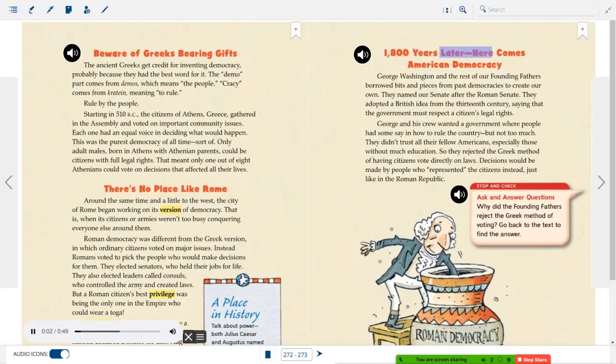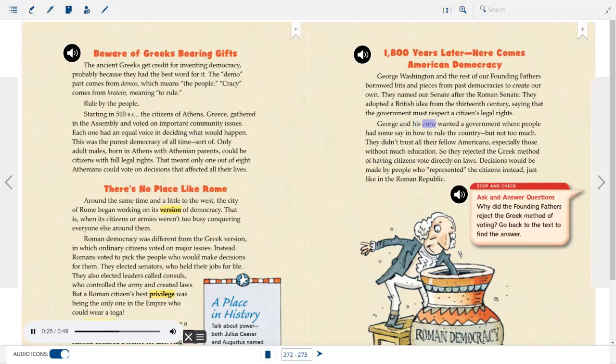1,800 years later, here comes American democracy. George Washington and the rest of our founding fathers borrowed bits and pieces from past democracies to create our own. They named our Senate after the Roman Senate. They adopted a British idea from the 13th century, saying that the government must respect a citizen's legal rights.